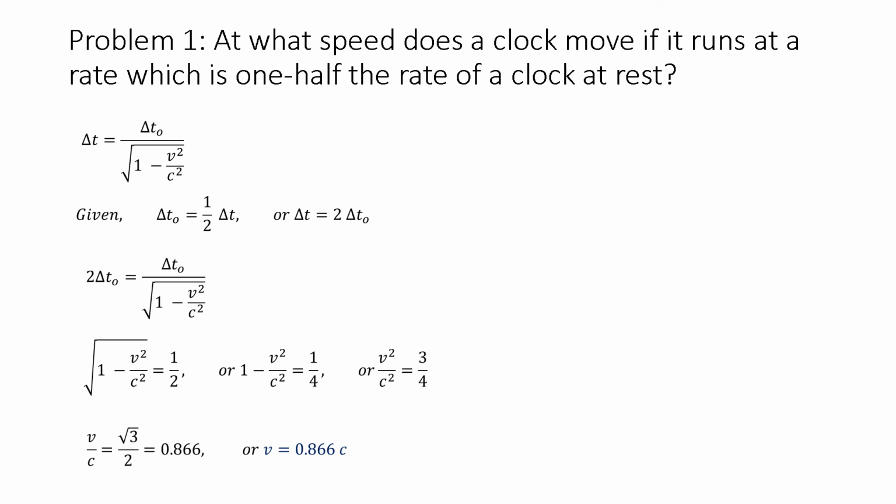We square both sides, we get 1 minus v squared by c squared is 1 by 4, or v squared by c squared is 3 by 4. From this we get v by c equals square root of 3 divided by 2, or v equals 0.866 c. So the clock needs to move at a speed of 0.866 times the speed of light.